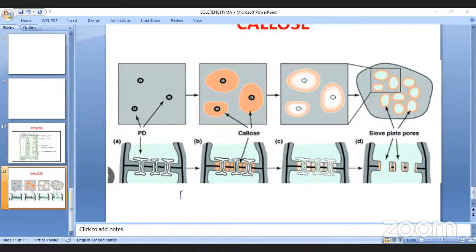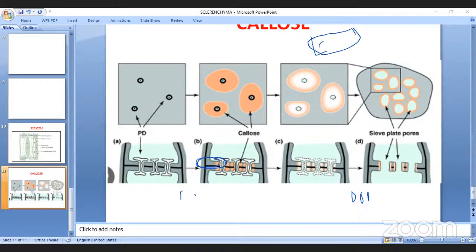This is the pore. This pore has thickening on either side with callose thickening. If there is no callose, that is the sieve area. For example, this is an empty sieve area.